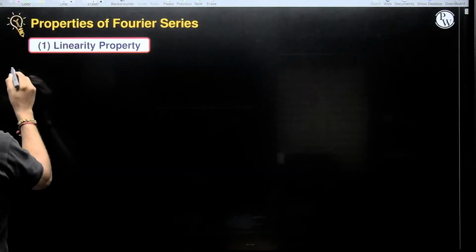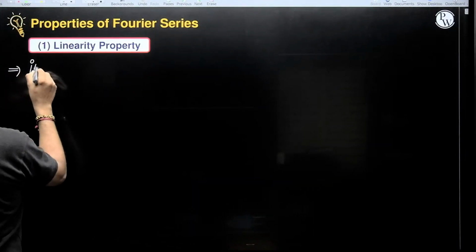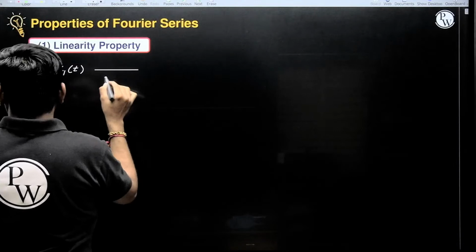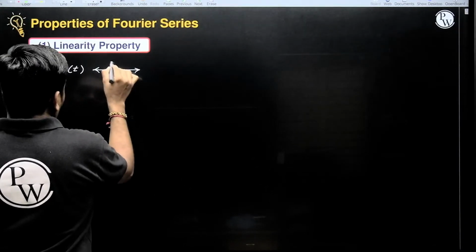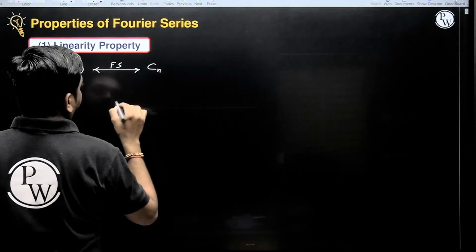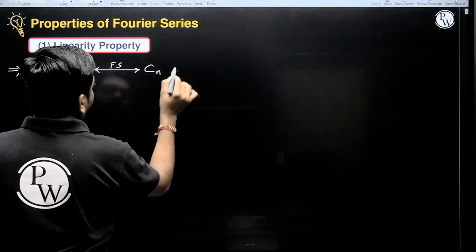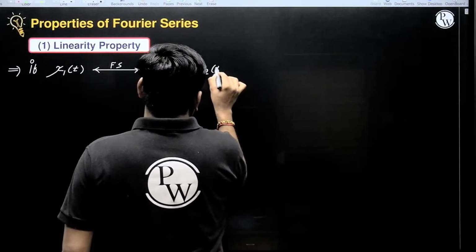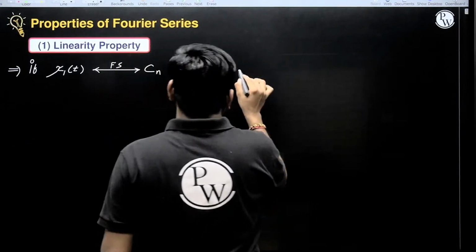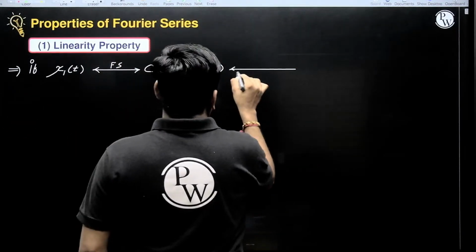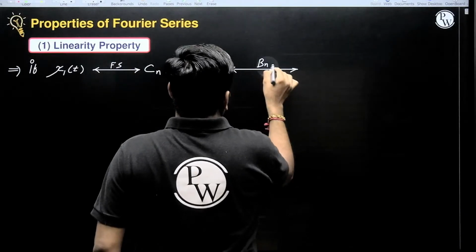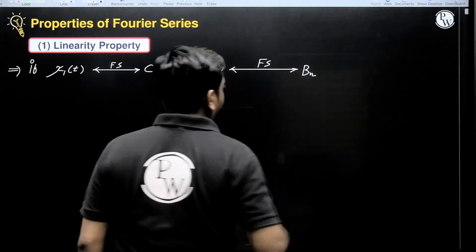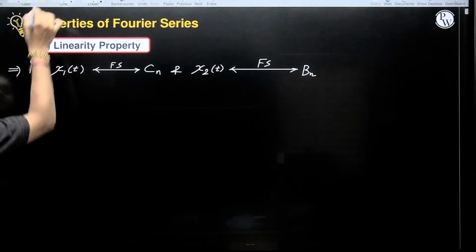This property says that if the Fourier series coefficient of the periodic signal x1 of t is Cn, and one more signal, let us consider x2 of t, has Fourier series coefficient Bn, then what can we say?